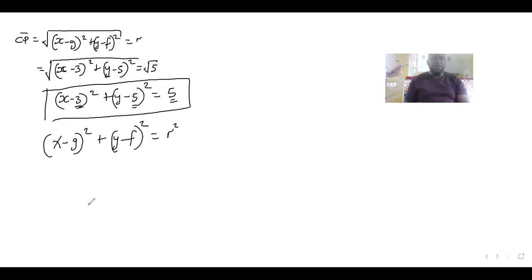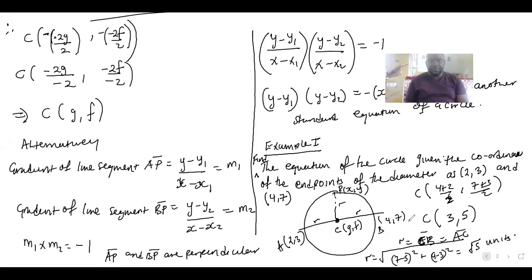Now, if one wanted to use the method of the gradients, if you go back to our circle here, line segments AP and BP, remember we say these line segments make 90 degrees.